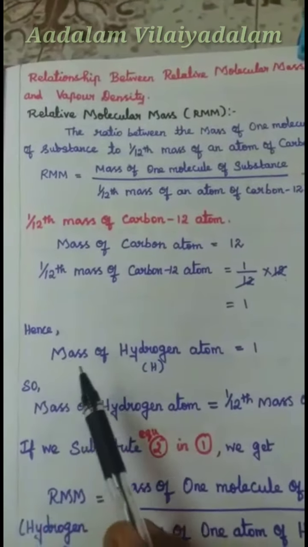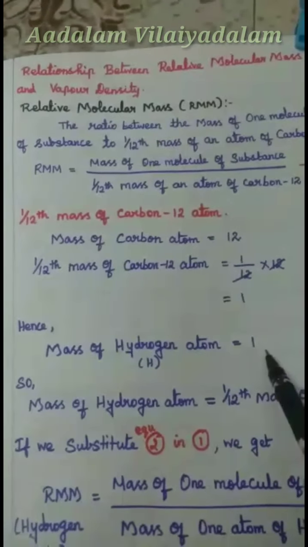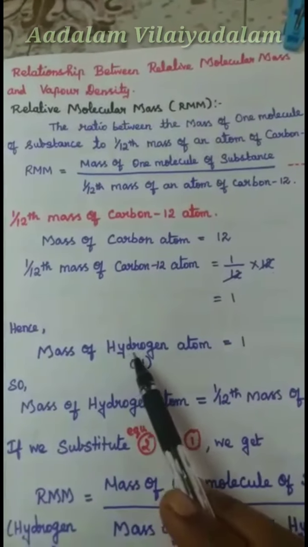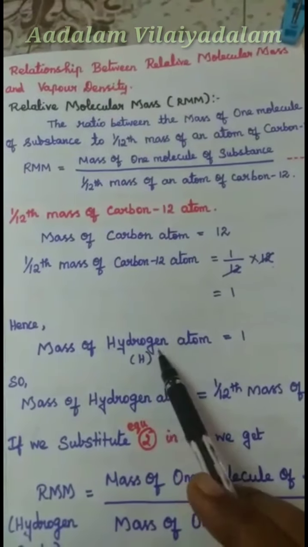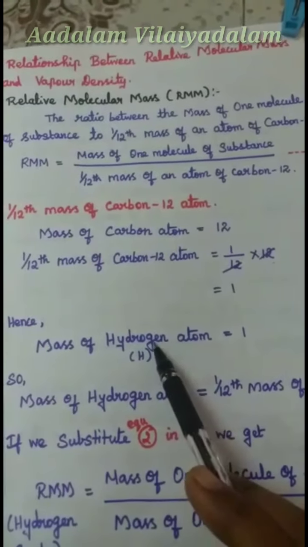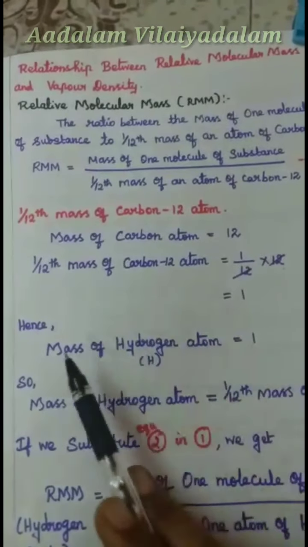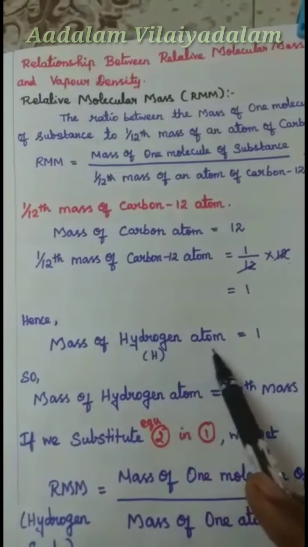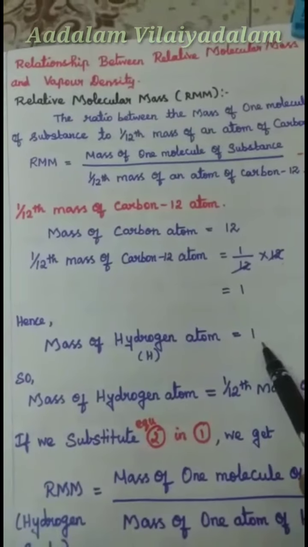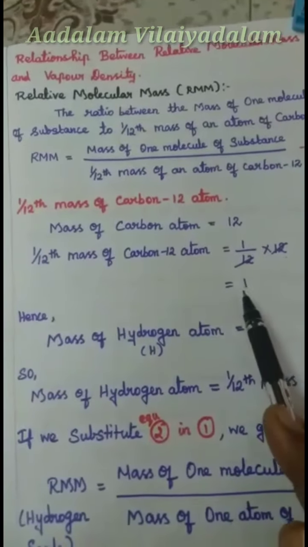Now, we take the mass of a hydrogen atom as equal to 1. Why do we take this hydrogen atom mass instead of any other gas? Because only hydrogen gas has a mass value of 1. So, the mass of one hydrogen atom is equal to 1. Here the 1 by 12th mass of carbon 12 atom value is 1.